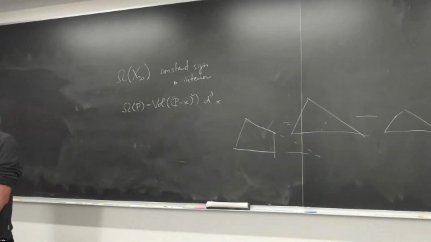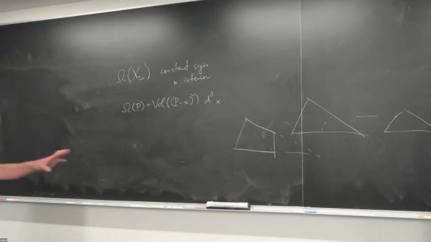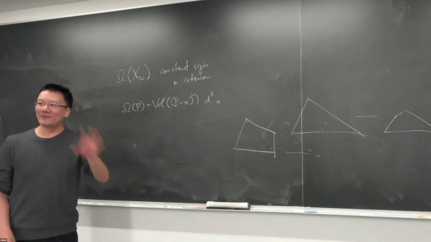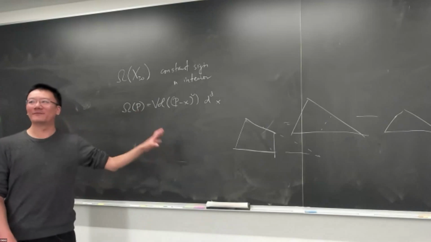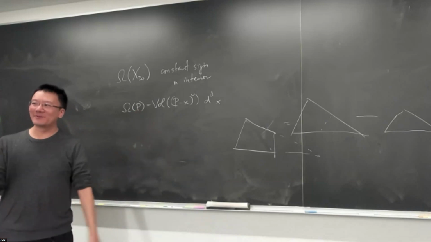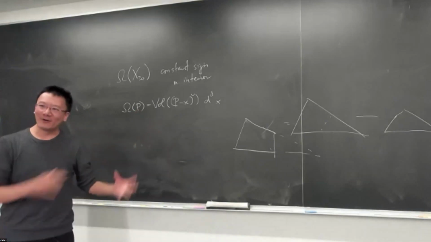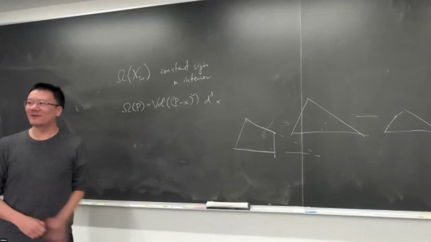Can you take a triangulation of the dual polytope? Yeah, so if you have a triangulation of your polytope, you have a formula for the canonical form. If you have a triangulation of the dual polytope, you also have a formula for your canonical form. And this is a shadow of things that we know in the polytope algebra.